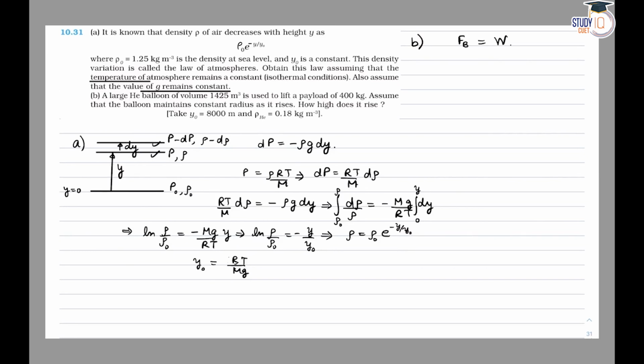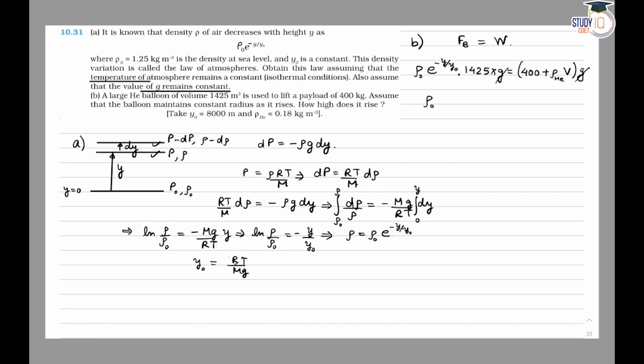Now buoyancy force will be density, that is rho naught e raised to power minus y by y naught, into volume, that is 1425, into g, and the weight is 400, that is for payload, plus density of helium into volume, whole into g. This g gets cancelled.